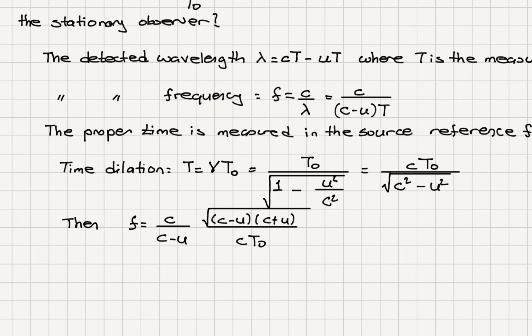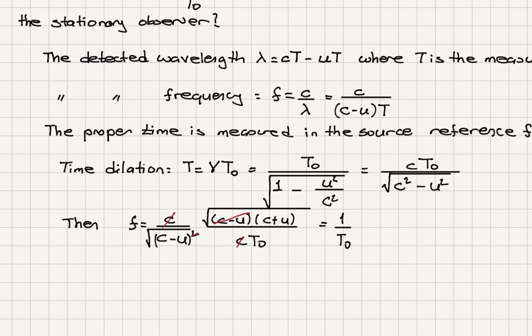You can see that these c's will cancel, and I will have for this frequency 1 over T0 times, because the square root of c minus u can be written as c minus u squared inside the square root, I'm going to get rid of one of these (c minus u) factors.